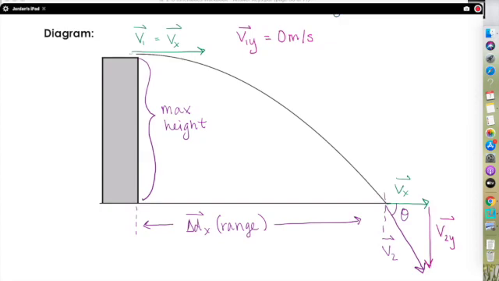Remember that vx is a constant, so you'll see at the end where the object hits the ground, vx is there as well, and it would be the same value at the top and at the bottom. Our v1y is 0 meters per second because it's not being thrown upwards or downwards. It is just starting off basically being dropped.